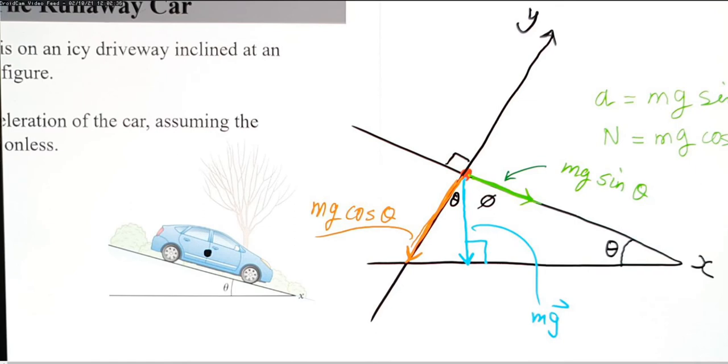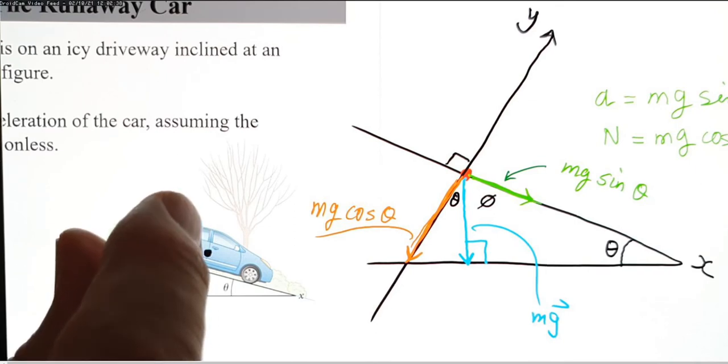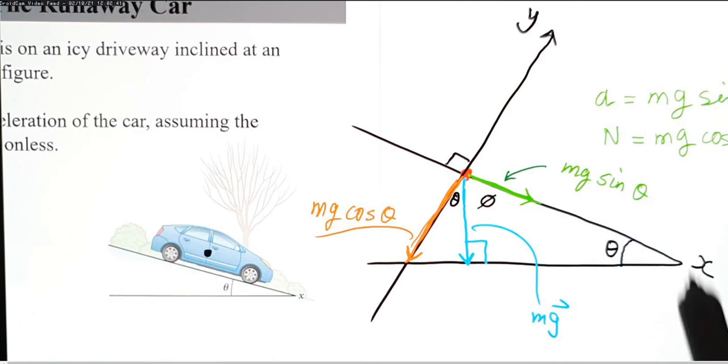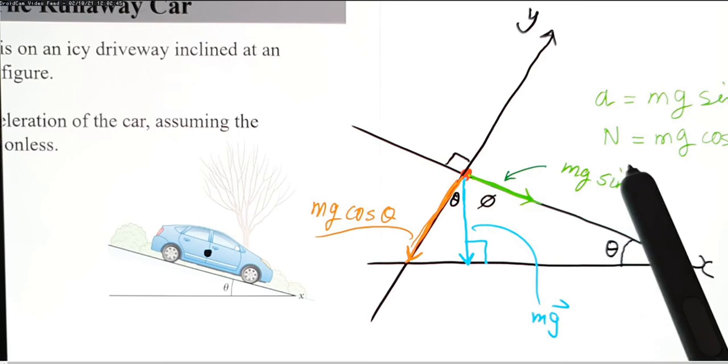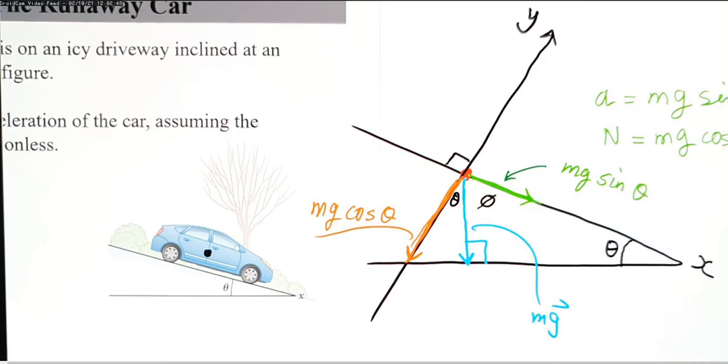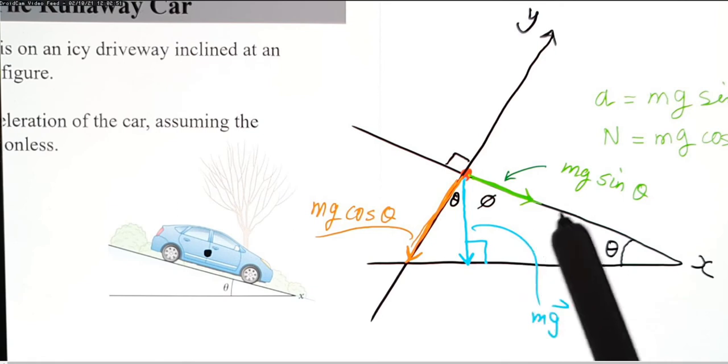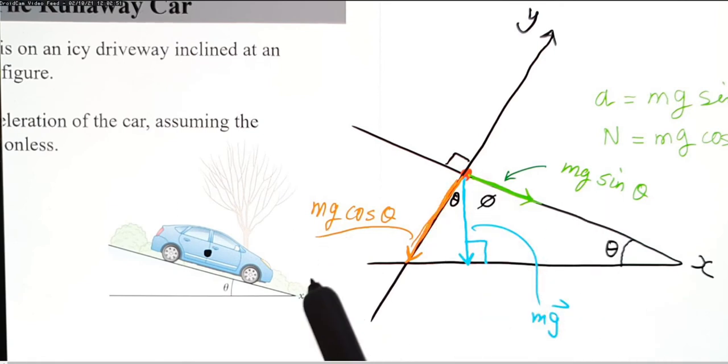So this is a typical problem where the acceleration is mg sine theta and the normal force is mg cosine theta. While I'll keep insisting on the normal force because we are going to use it when we start to talk about friction. But for the time being, we just need to know that normal force is equal to mg cosine theta.